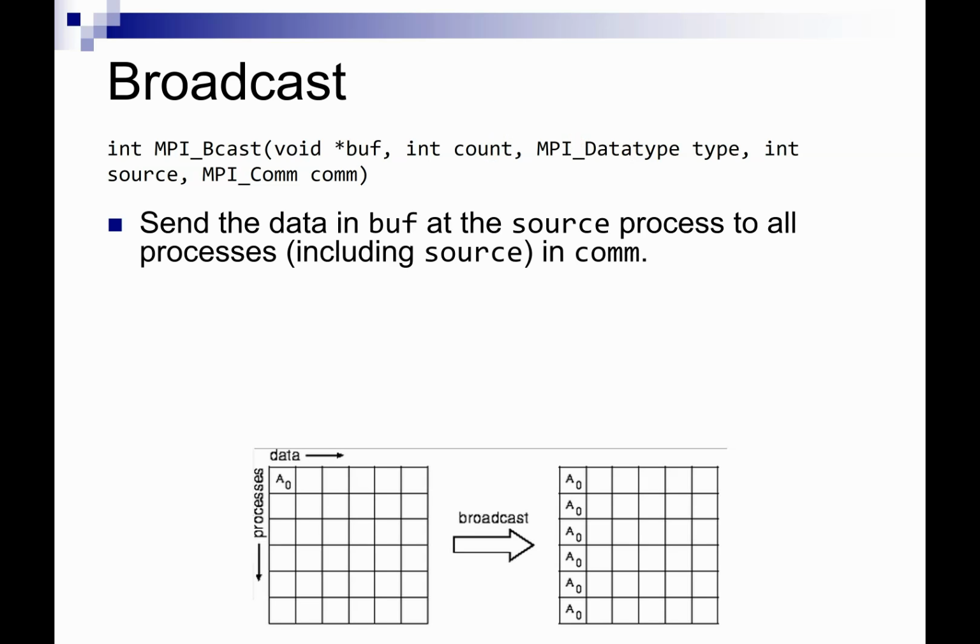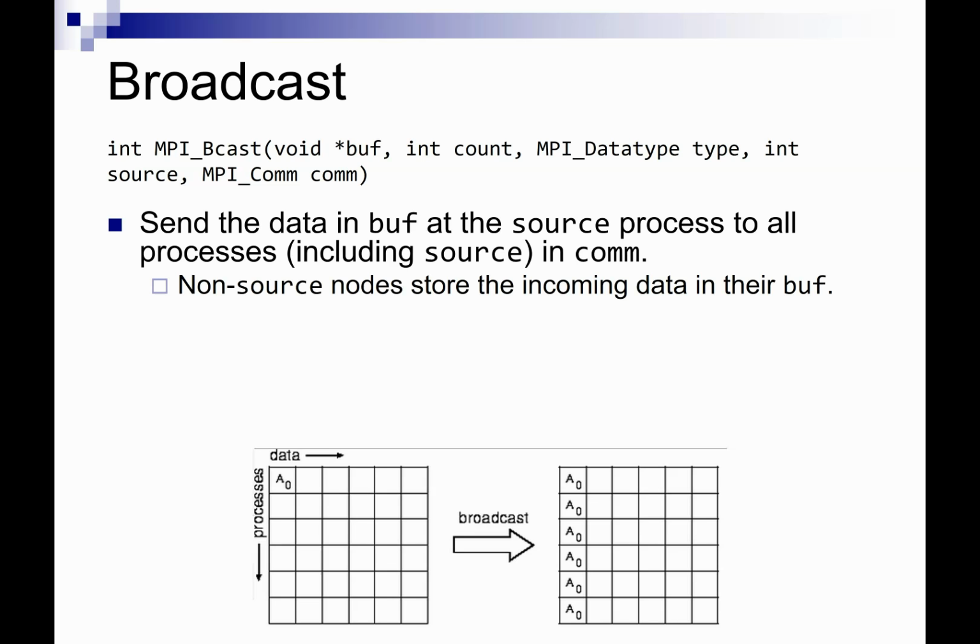For example, if I want to broadcast a vector with 10 floating point values, then my buffer is going to have those 10 floating point values, my type is going to be MPI float, and my count is going to be 10. Then my communicator is the group that I'm going to broadcast to. And lastly, the source is which process is doing the broadcast.